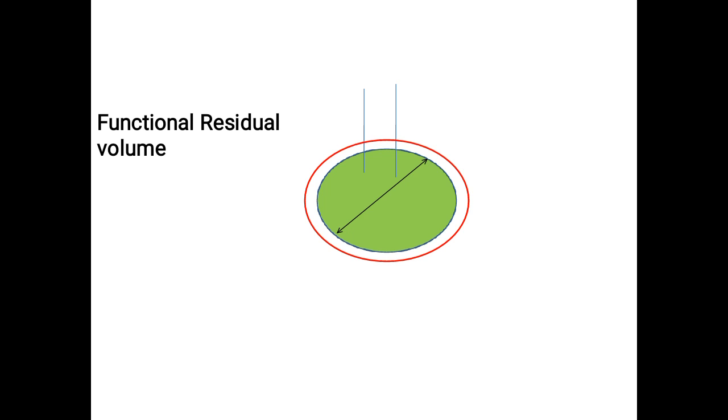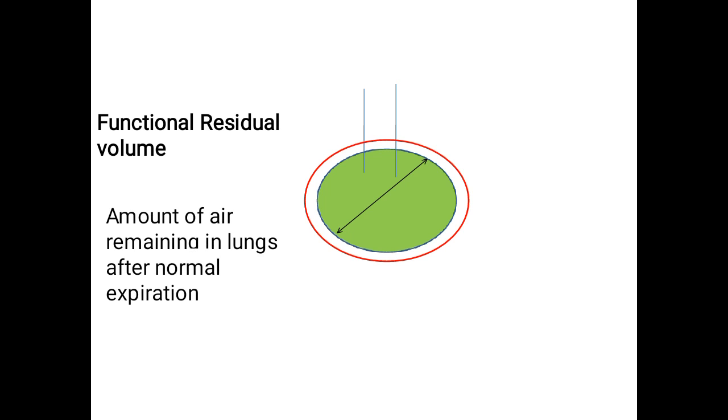To define: amount of air remaining in the lungs after normal expiration. See the difference? In the first slide what we have seen, amount of air expired maximally, so whatever remains, that is residual volume. Now amount of air remaining in the lung after normal expiration. Here we have done a normal expiration, there we have done a maximum expiration. Okay?